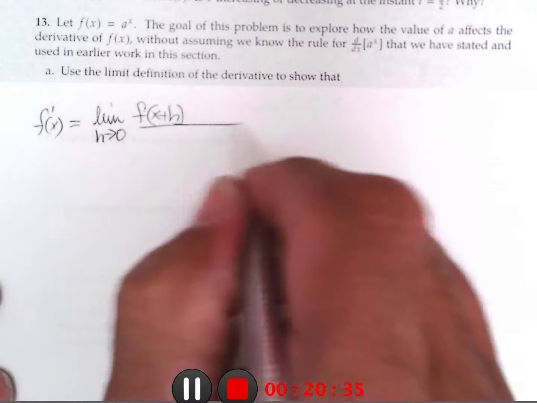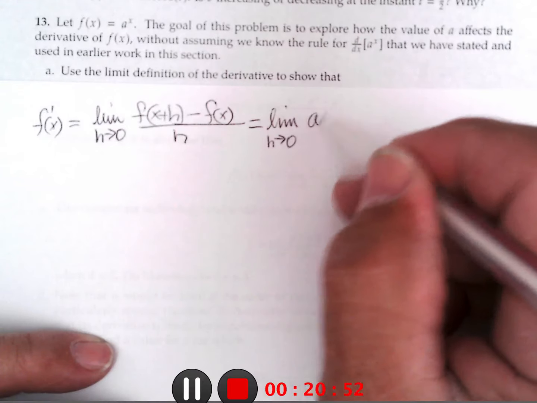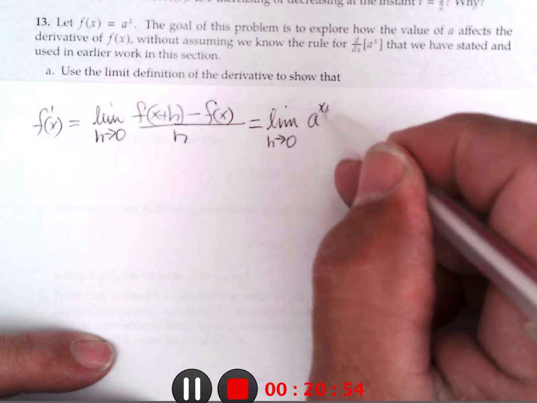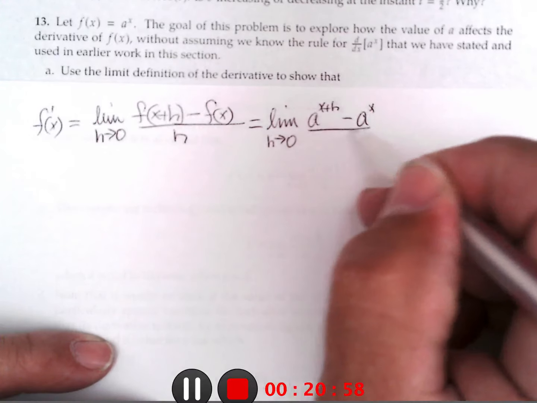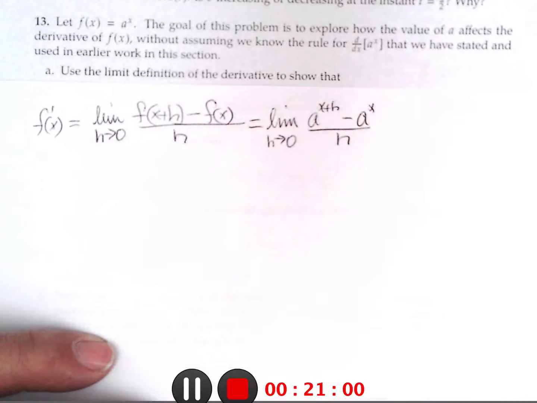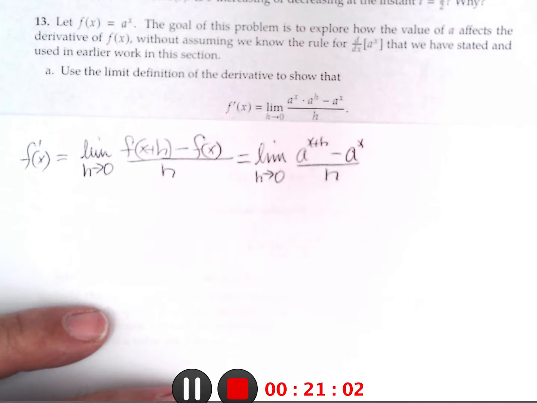But we're doing a to the x, so we're going to have the limit as h approaches 0 of a to the x plus h minus a to the x over h. And they want us to use this to show we can get that.